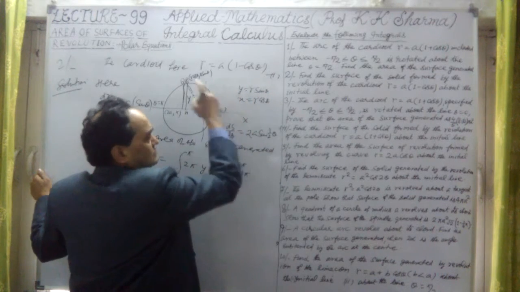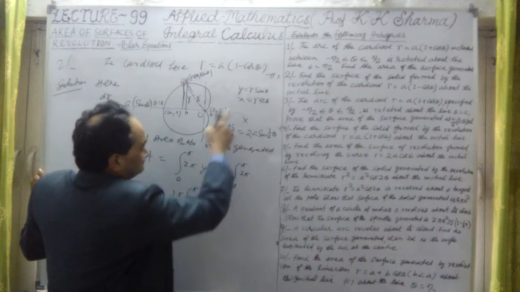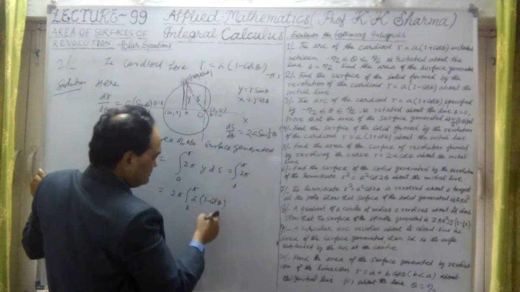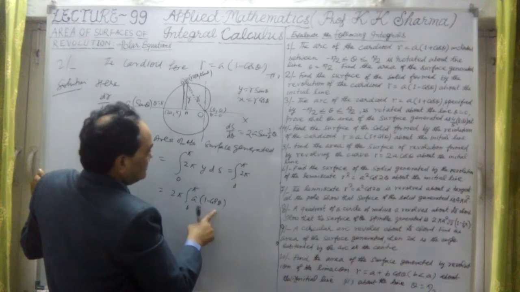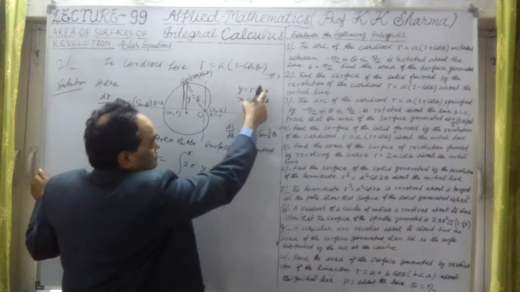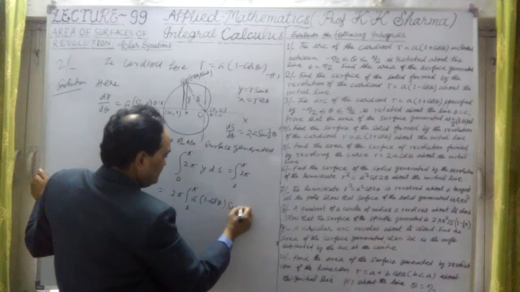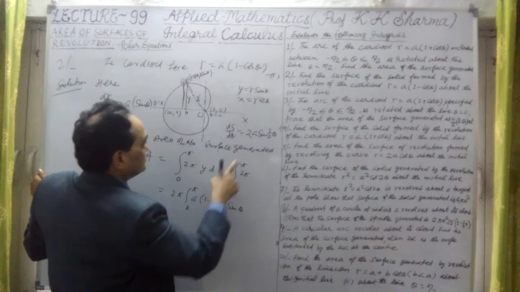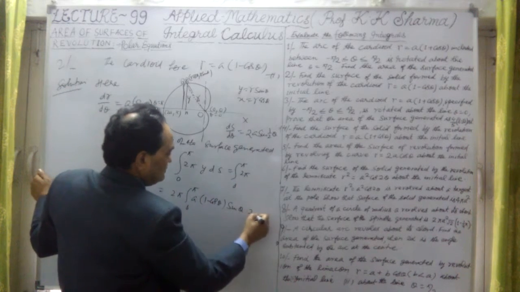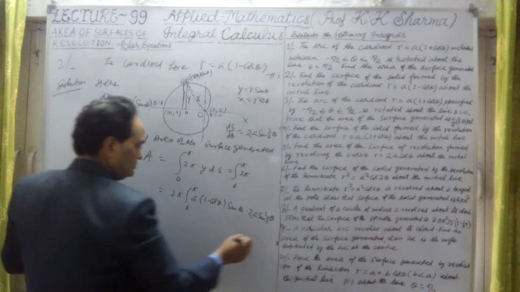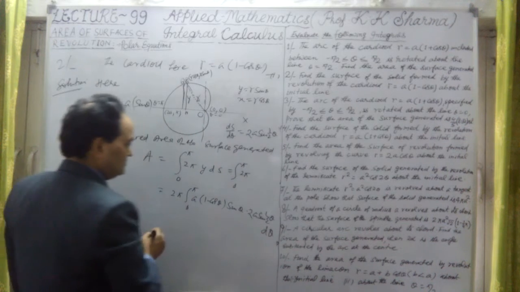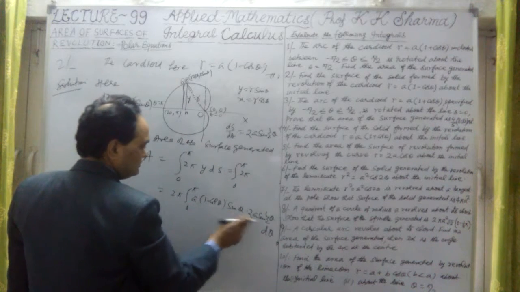This is the parametric form of this equation. So this is r into sin theta, into this value twice a sin half theta into d theta. Finally, this is the value of ds upon d theta.